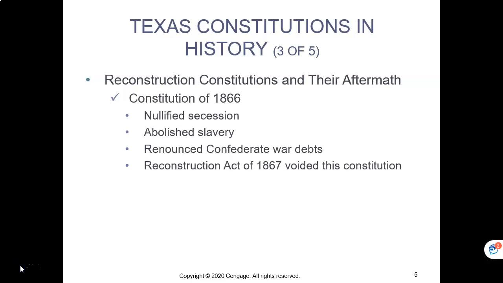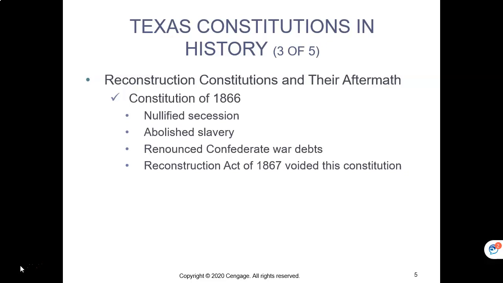The United States government passed the Reconstruction Act in 1867, and it basically said any constitution that you have drafted is void. You're going to have to do a new constitution, and we're going to tell you what has to go in it. Now remember, Texas still had not been admitted to the Union.